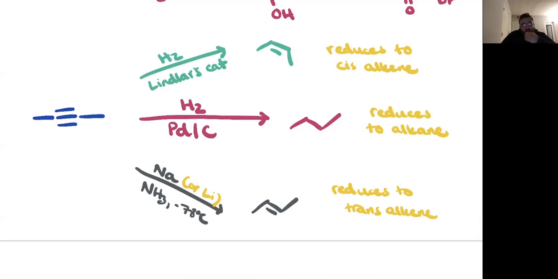All right, so let's go and do some fun practice with this. Let's say I have this alkene over here, and then I want to end up with this final product.